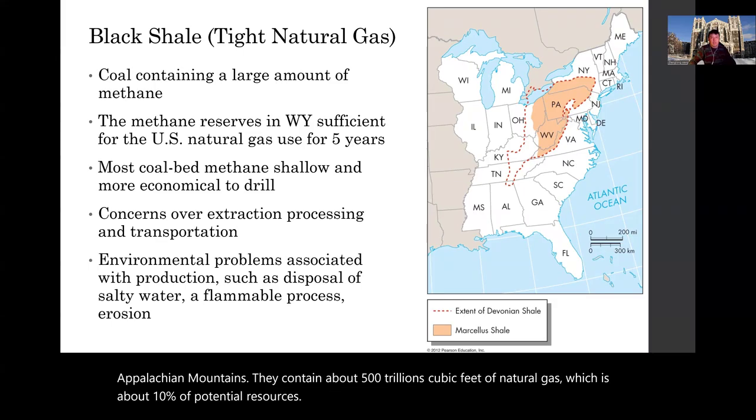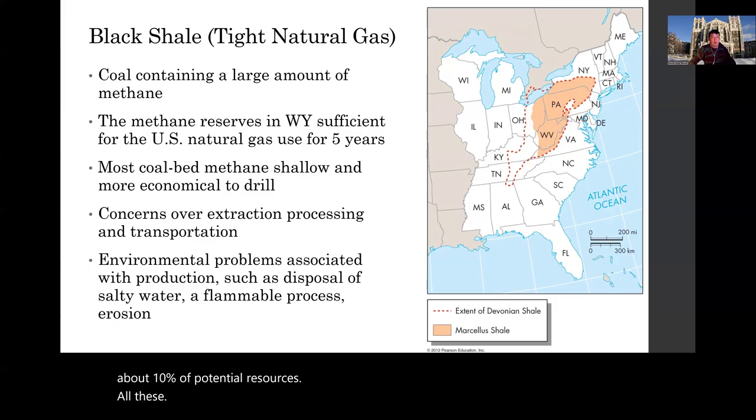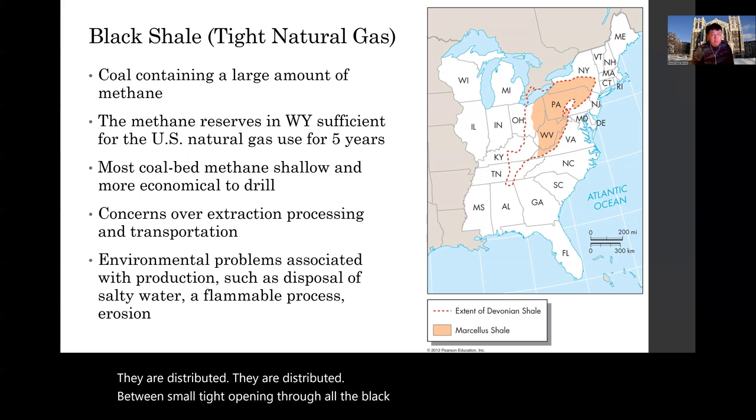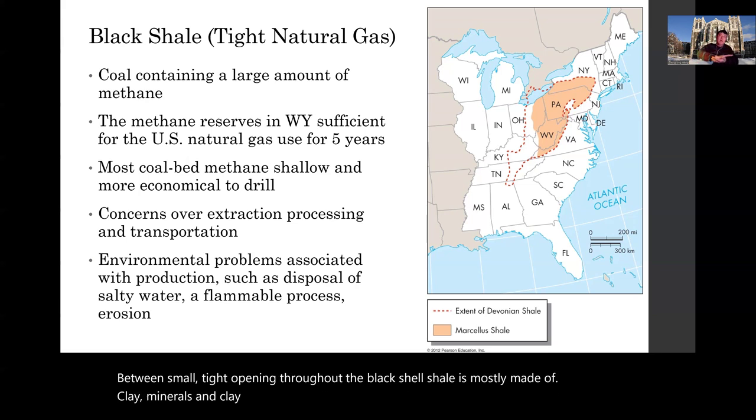We sometimes call these black shale gases tight natural gas. They are distributed between small tight openings throughout the black shale. Shale is mostly made of clay minerals, and clay minerals have pretty high porosity, but do not have high permeability.